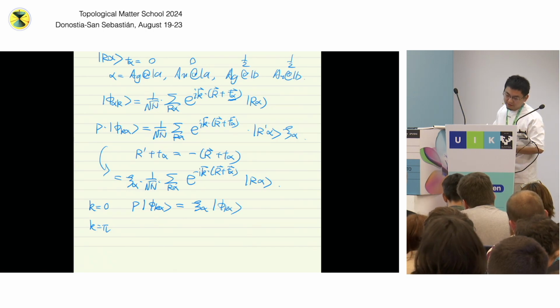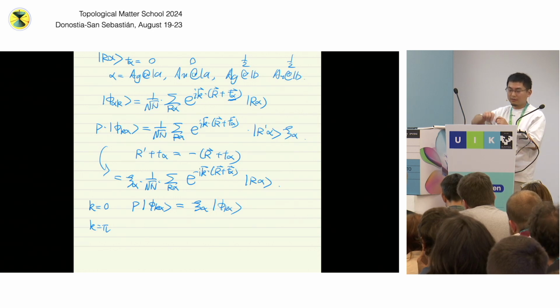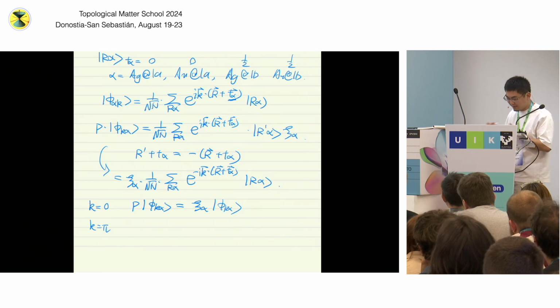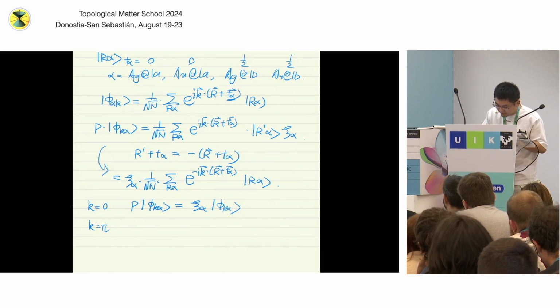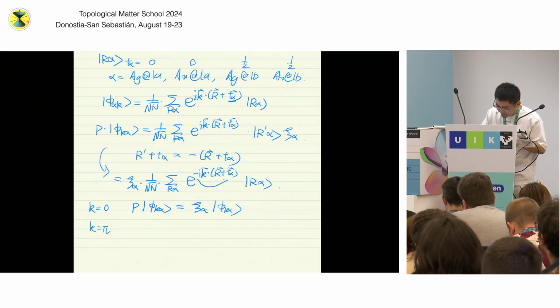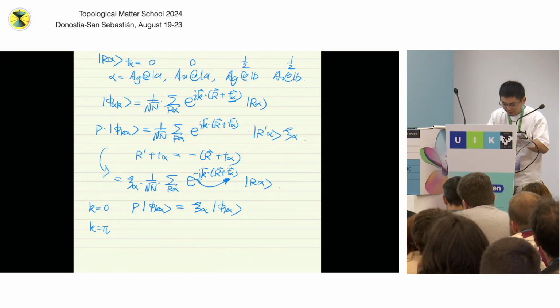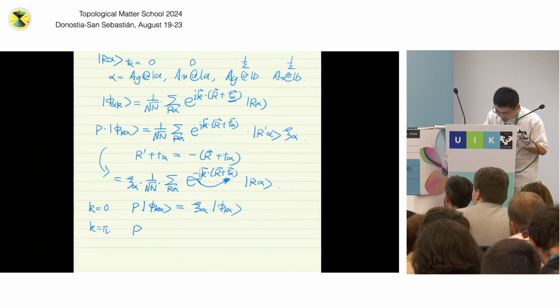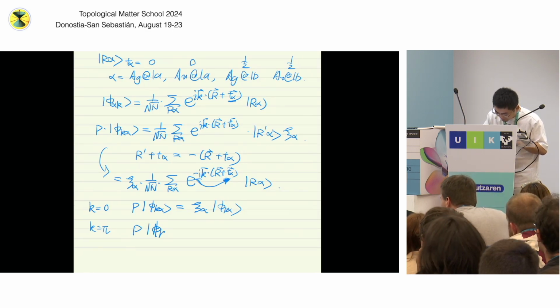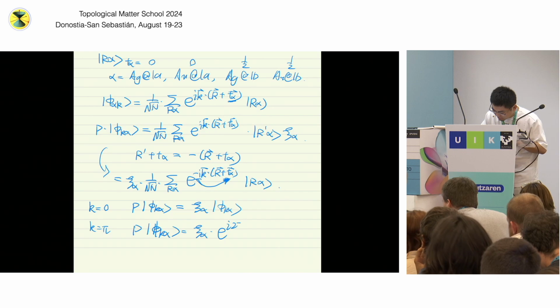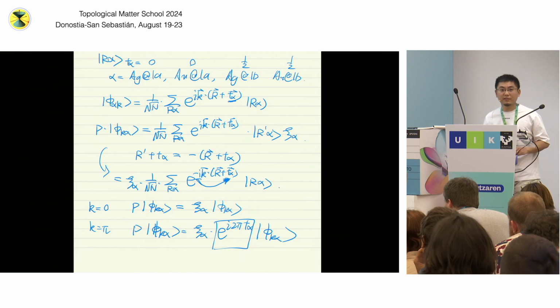But if k is pi, we notice that minus pi does not equal pi. There is a 2 pi difference. 2 pi is usually regarded as equivalent to 0, but it does not equal 0. And that 2 pi phase factor will matter if we consider this T alpha vector, right? So if k is pi, we will have this result: chi alpha times e to the i 2 pi T alpha, times phi k alpha. So we have this additional phase factor.